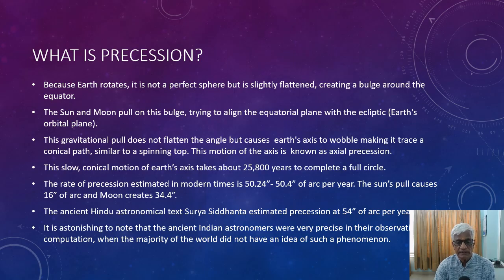It is astonishing to see that the text Surya Siddhanta of the Hindu astronomy, written thousands of years before Christ, estimated this precession at around 54 seconds of arc per year.